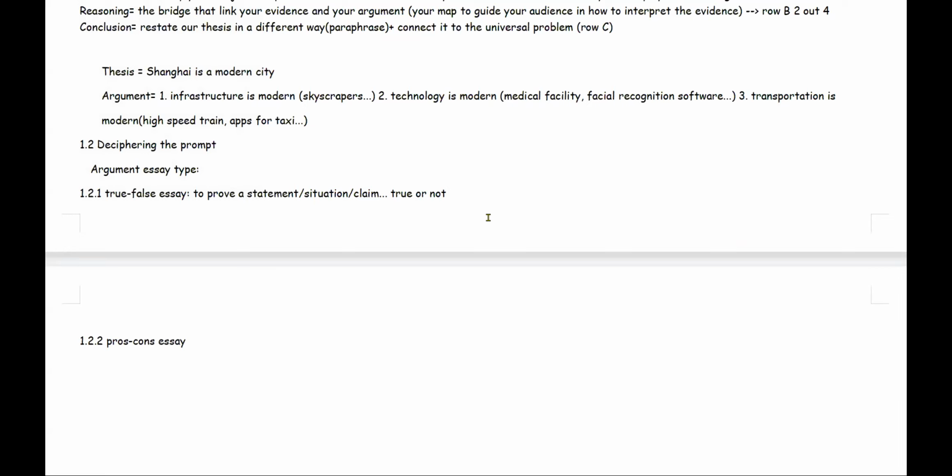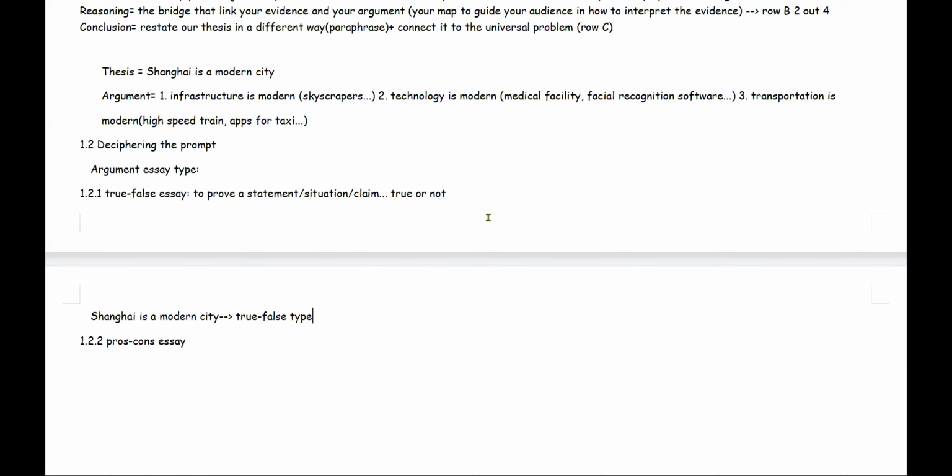When we talk about your hometown, we say Shanghai is a modern city, right? So this prompt fits into true false. Why? Because it either is or it's not. Do we need to talk about the benefit of being a modern city?